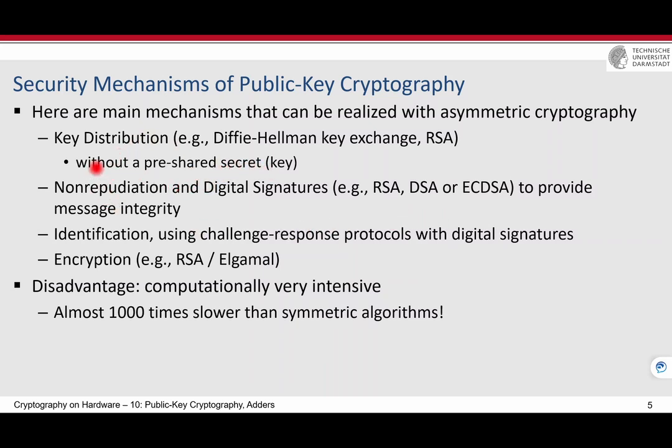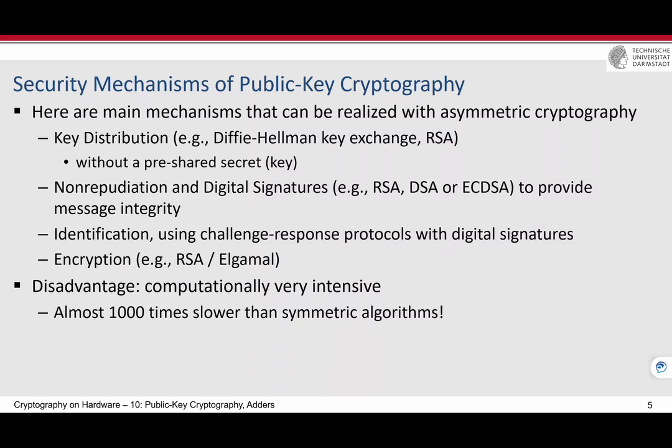Non-repudiation and digital signatures are also provided by schemes like RSA, DSA or ECDSA, and they provide message integrity. For identification, you need challenge-response protocols with digital signatures, which are again provided by public key cryptography. You can also have encryption and decryption like RSA or ElGamal.